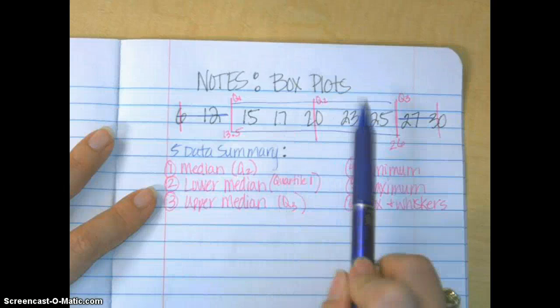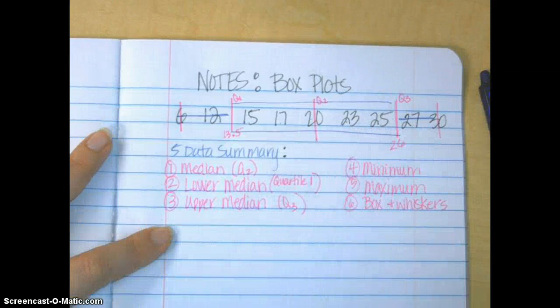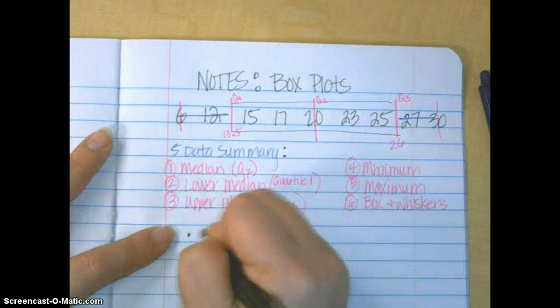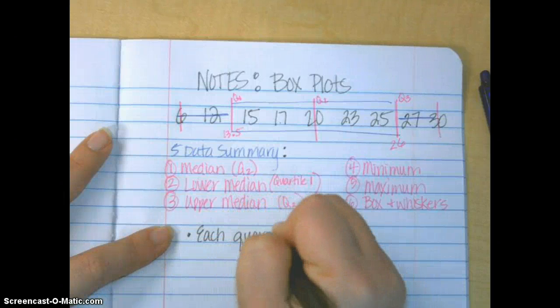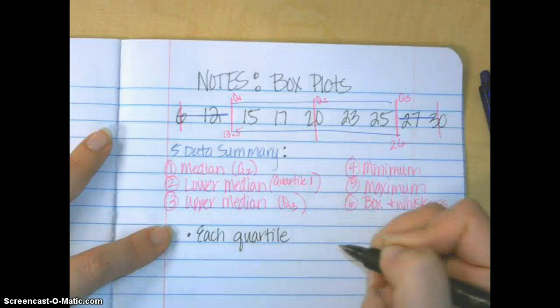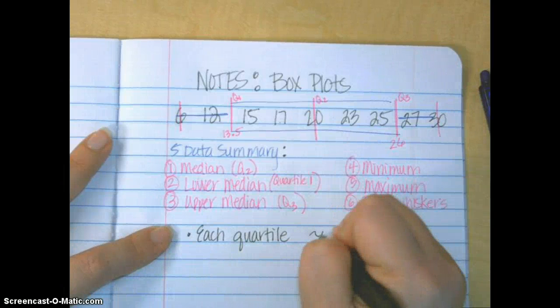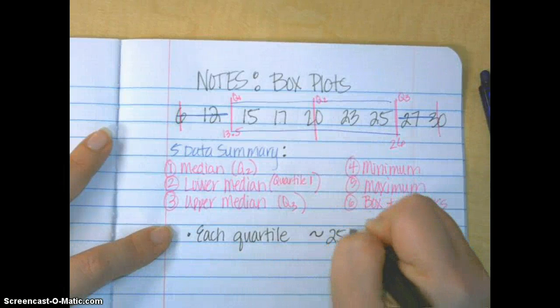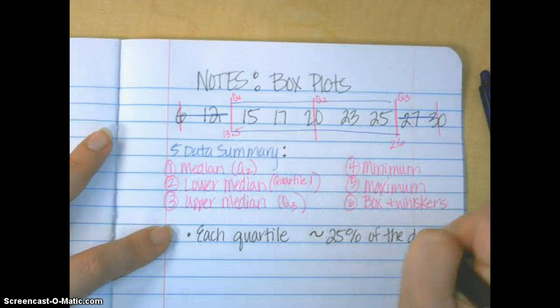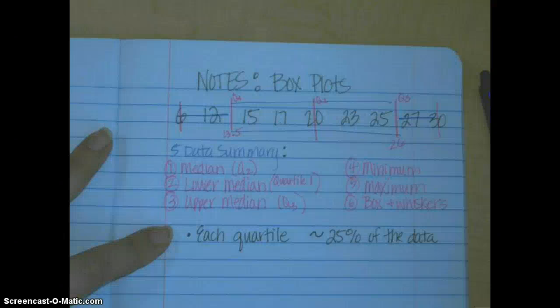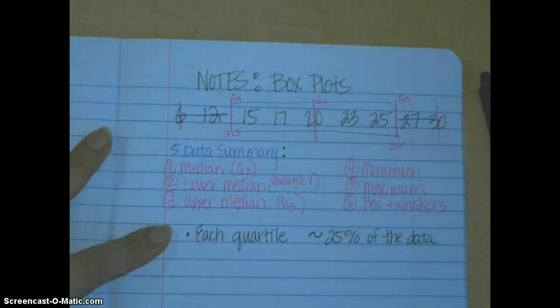Each quartile is approximately 25% of the data, which makes sense. It's broken into 4 parts, so it's approximately 25%.